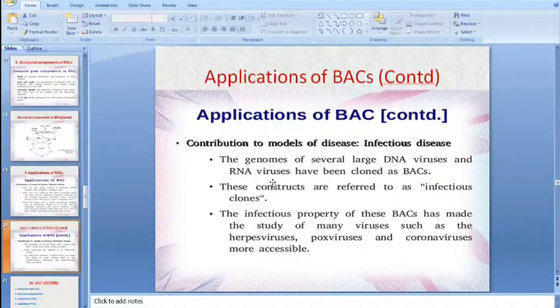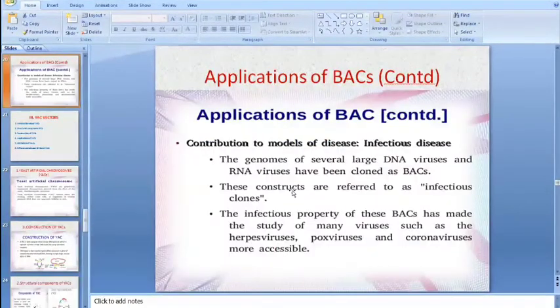Another important application is infectious diseases: they are used to study infectious diseases, for example, to study the genomes of several large DNA viruses and RNA viruses which infect human beings as well as animals.